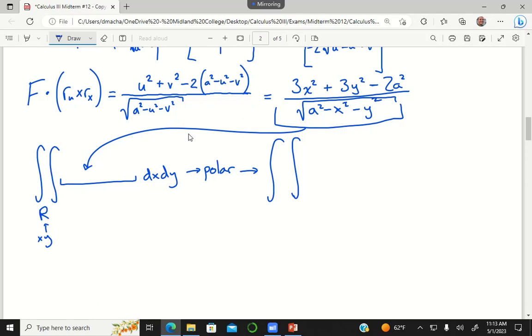So my new integrand is going to be 3r squared minus 2a squared divided by the square root of a squared minus r squared, r dr d theta. And then what is this region that I'm integrating over? What's the region in the xy plane that lies underneath this surface?